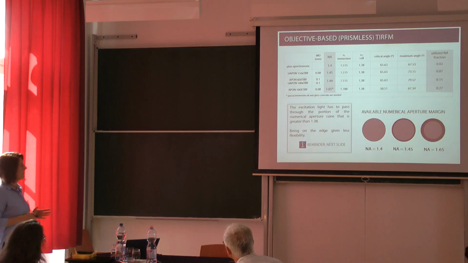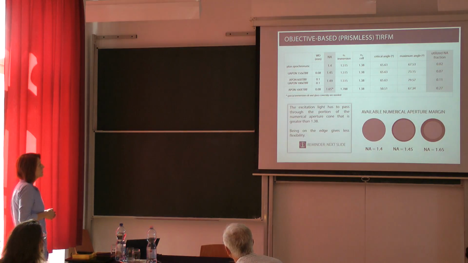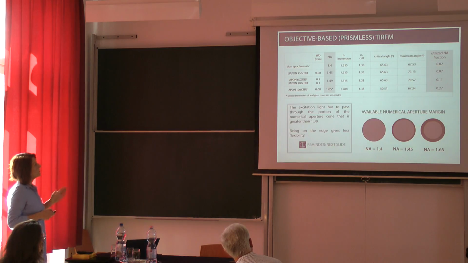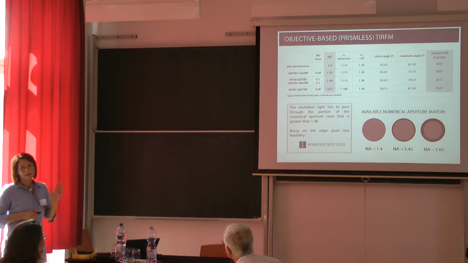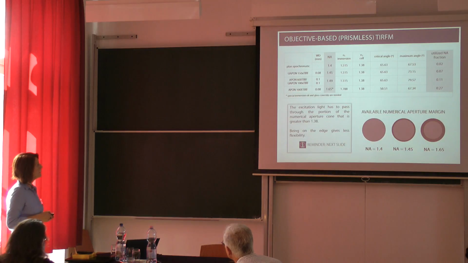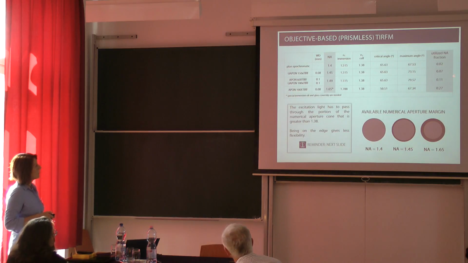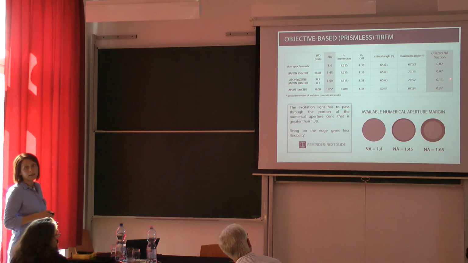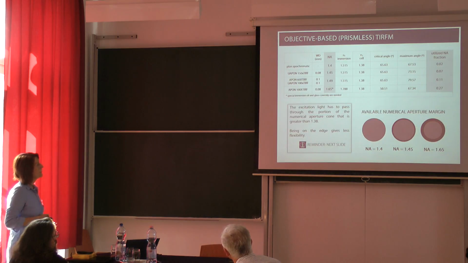So even with a well or perfectly aligned laser beam, it's really difficult to set and to have any flexibility in your TIRF illumination. However, if you increase the numerical aperture, this fraction will increase as well. It's represented on this image by these margins which are available for the TIRF illumination.